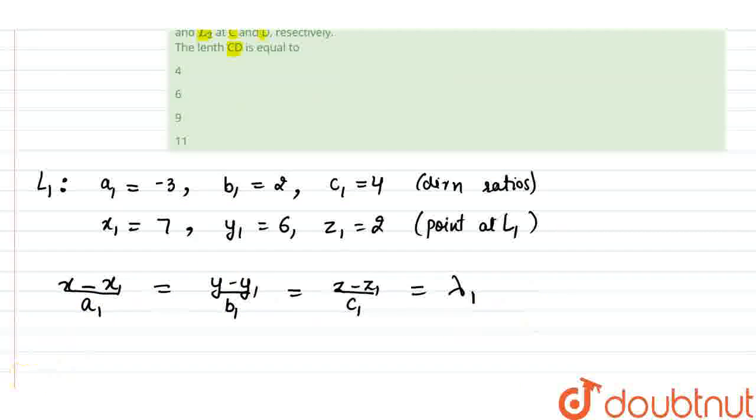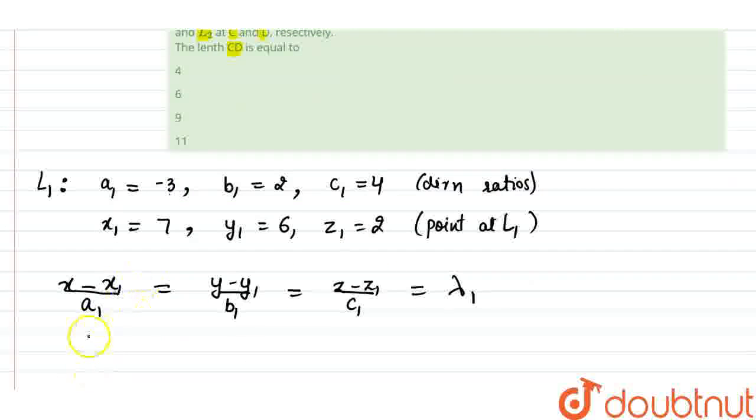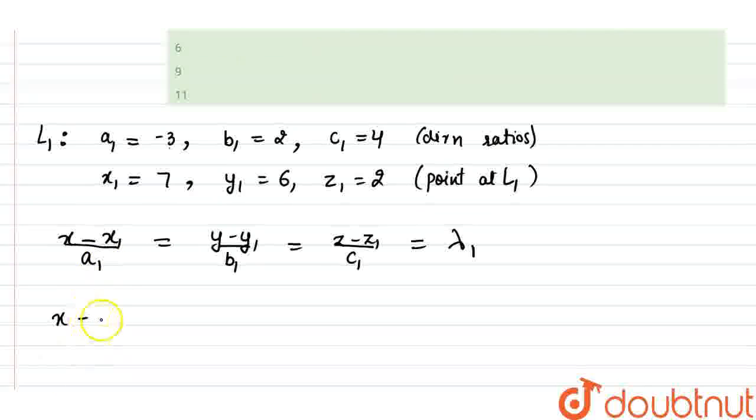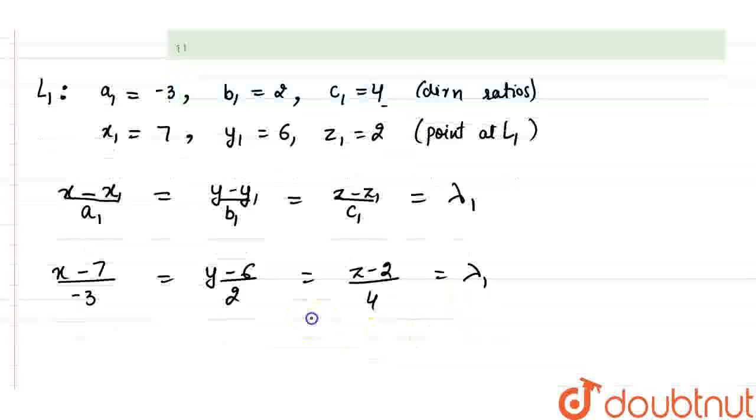This is the equation of a line passing through a given point and parallel to a given vector whose direction ratios are the direction ratios of the line. So putting in the values: (x minus 7) by -3, (y minus 6) by 2, (z minus 2) by 4, equals lambda 1.